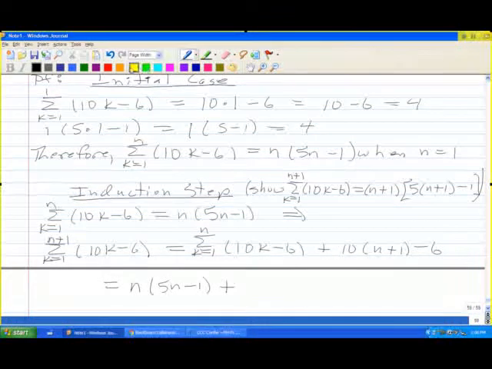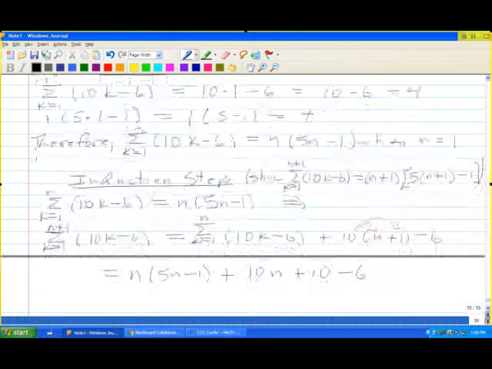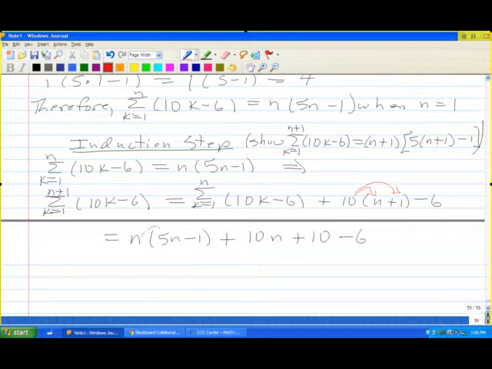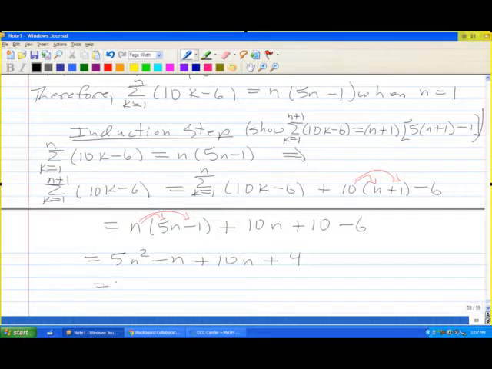This last term is, well, let's multiply the 10 inside the parentheses. 10n plus 10 minus 6. Let me multiply the n inside the parentheses. So I get 5n squared minus n plus 10n plus 4. So this becomes 5n squared plus 9n plus 4.